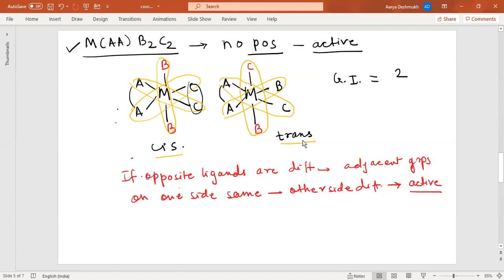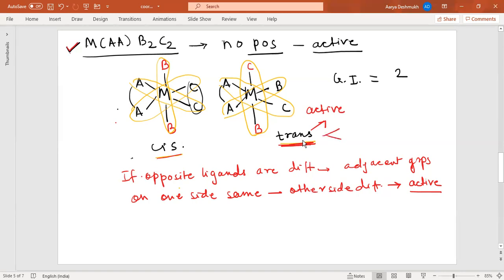So this will be optically active. Which isomer? Trans. So you just have to remember the type of complex, and if it has geometrical isomerism, which of these geometrical isomers shows optical activity. In this type of complex, the trans isomer is optically active.